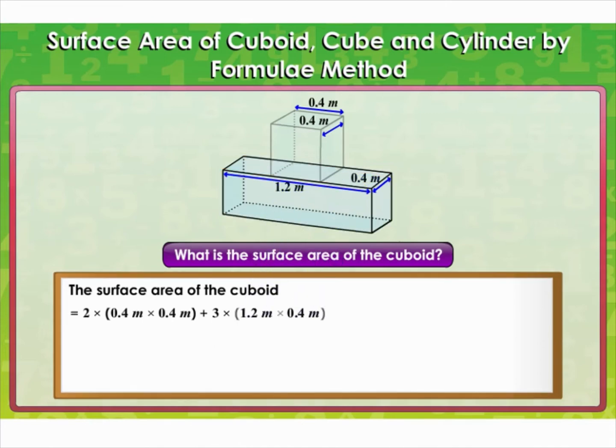How do you find the surface area? This part of the surface is covered by the cube. To get the area, we multiply 1.2 meters with 0.4 meters, and then subtract the connecting area, 0.4 meter into 0.4 meter.